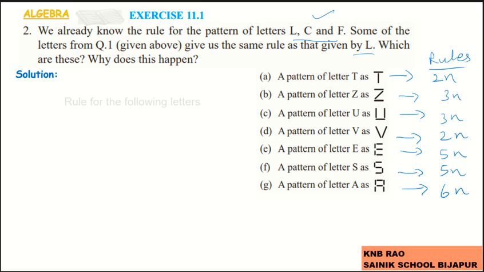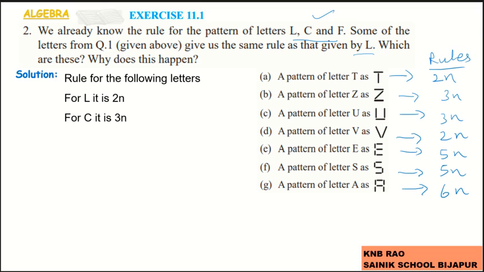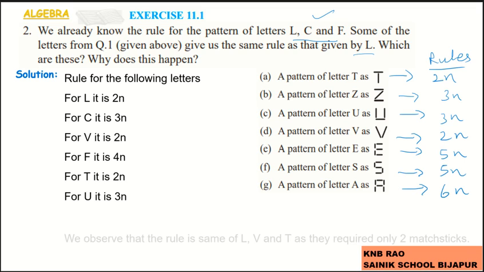Now with this knowledge, the rule for the letter L, 2n required; for the letter C, 3n required; for the letter V, 2n required; for the letter F we require 4n; for the letter T, 2n; for the letter U, 3n.